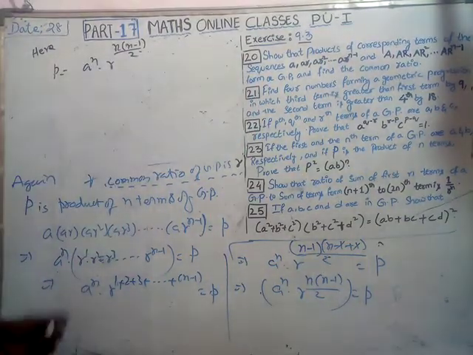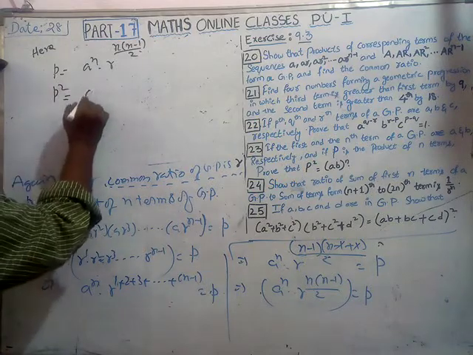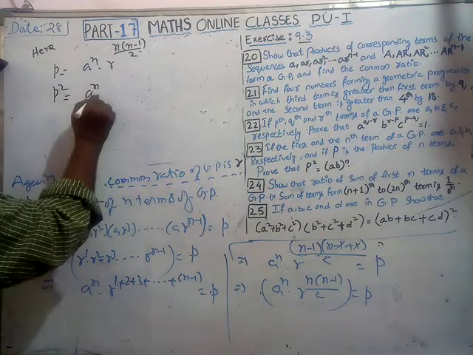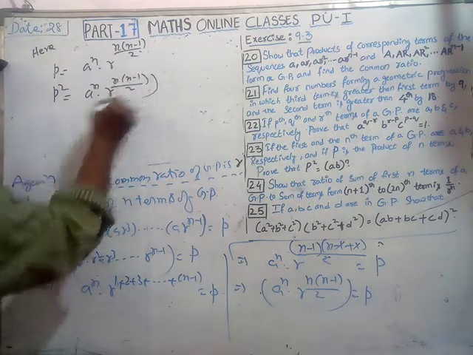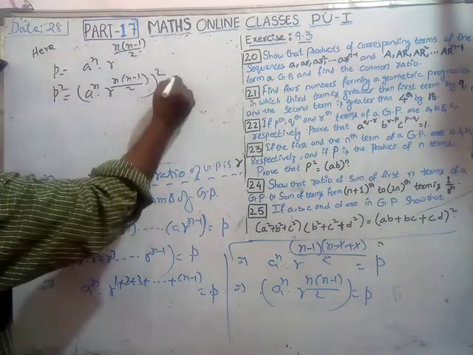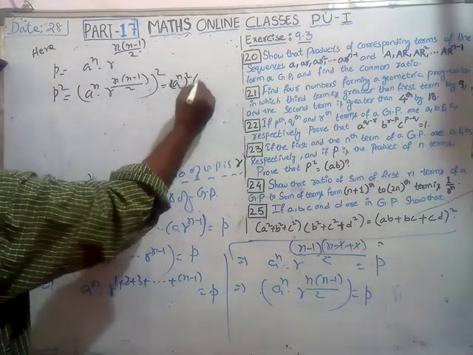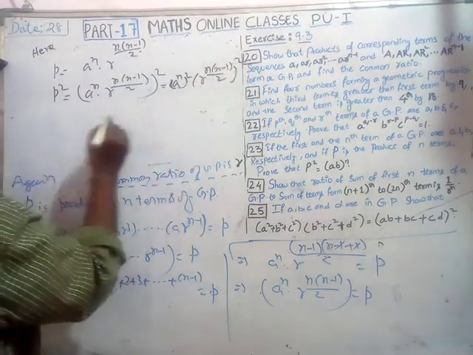Now you see, then what about P square? P square is A power n, R power n of n minus 1 by 2, whole square. That is A power n square, here R power n of n minus 1 by 2 whole square.